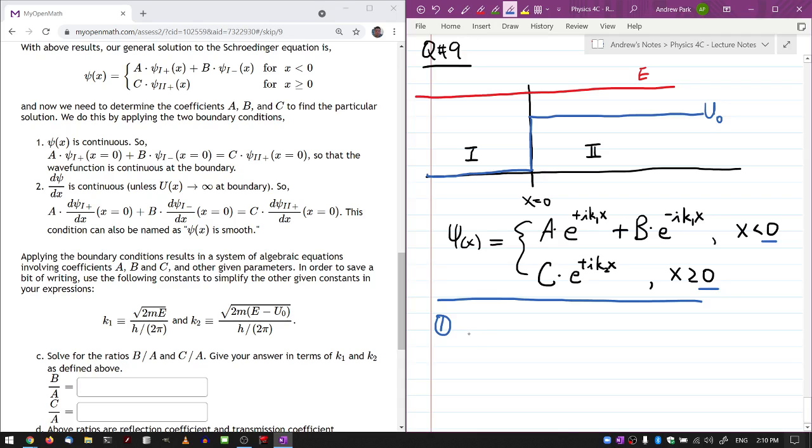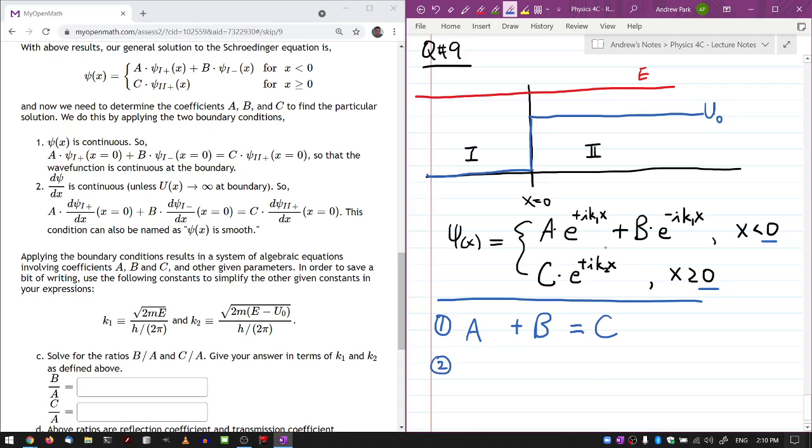So it'll be A times e to the i k1 times 0. So e to the 0 is going to be 1. So it's just going to be A times 1 plus B times 1 again. So, all right, let me just make this simpler. It's going to be A plus B is equal to, the right-hand side will be C times e to the 0, or 1. Okay, that's the first equation, simple enough.